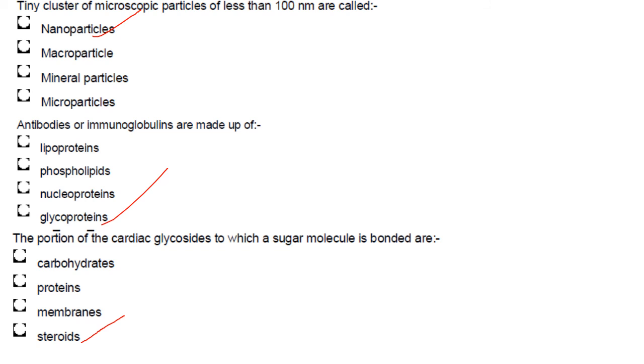Their beneficial medical use is as treatments for congestive heart failure and cardiac arrhythmias. The general structure of cardiac glycoside consists of a steroid molecule attached to a sugar glycoside and an R group. So answer is, the portion of cardiac glycosides to which sugar molecule is bound is a steroid. So answer is option D.